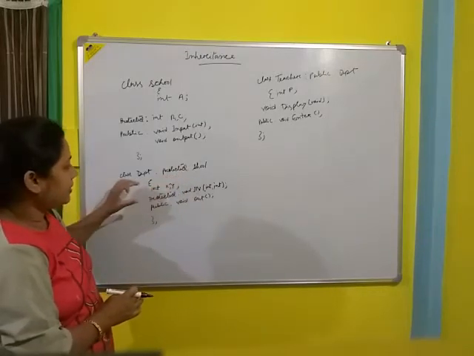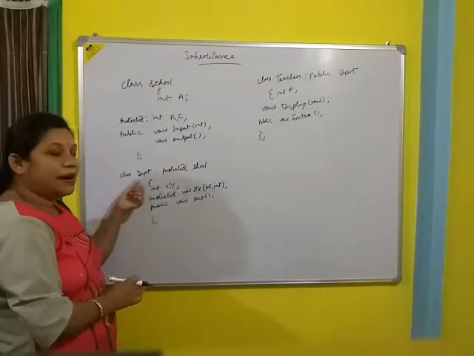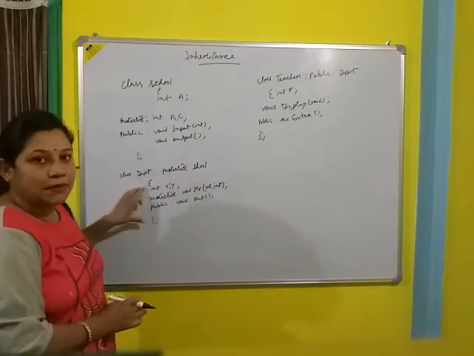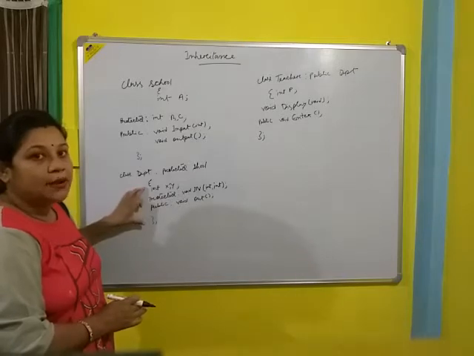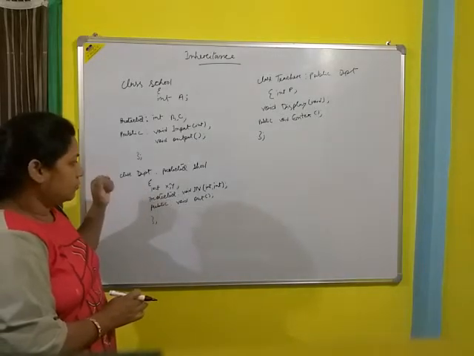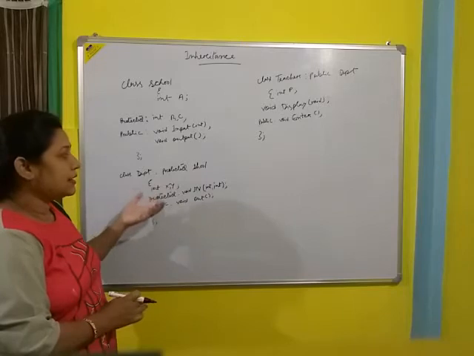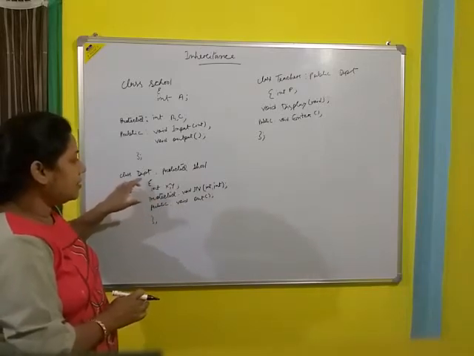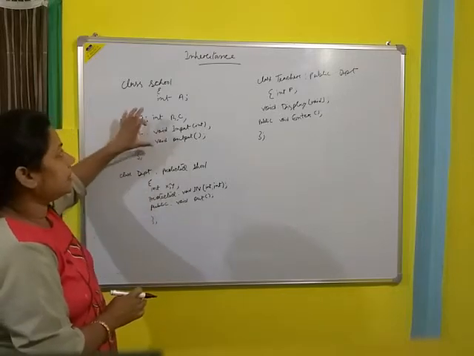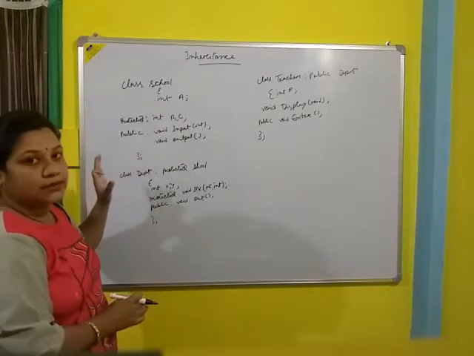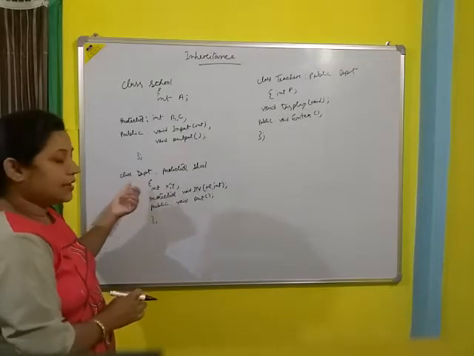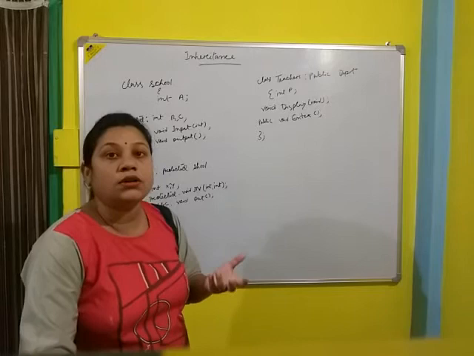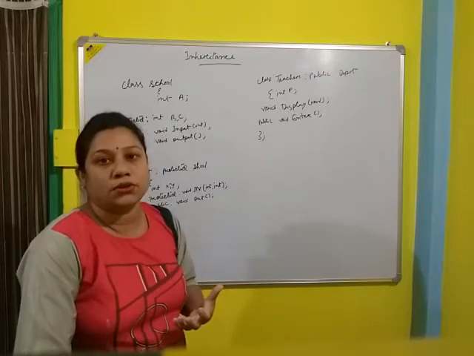Okay, and inside the body of the department derived class, we have some data members and member functions, which are the member functions and the data of the derived class, which are only present inside the department class, not inside the school class. Okay, so as you know, a derived class can have its own characteristics also.